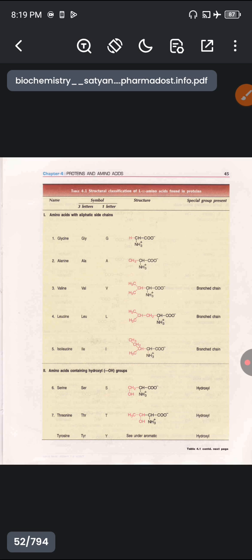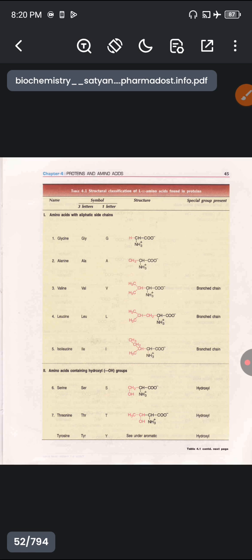We saw the definition of amino acid and protein, and which functional groups appear in amino acids: the amino group and carboxyl group. So today we are going to see the classification of amino acids.